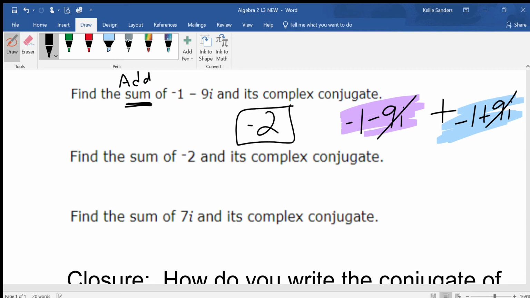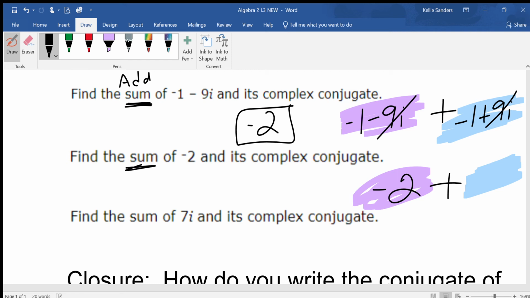Okay, find the sum of negative 2 and its complex conjugate. So again, we're going to add negative 2 and its complex conjugate. To be able to write a conjugate, you change the sign of the imaginary part.